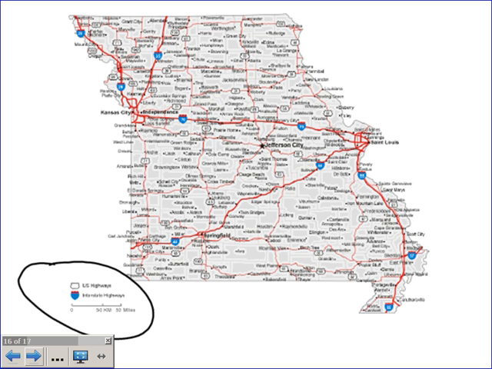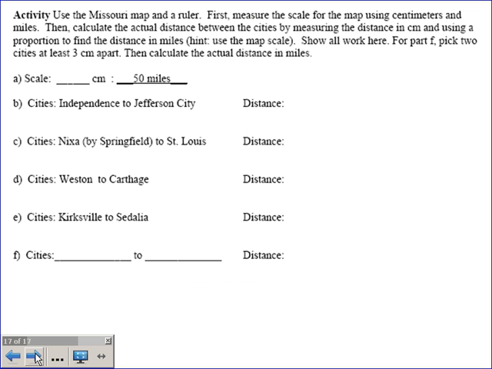When you measure that to the nearest tenth of a centimeter, what do we have? 2.4 centimeters is correct. Measure it again if you did not get 2.4. It's definitely 2.4 centimeters.